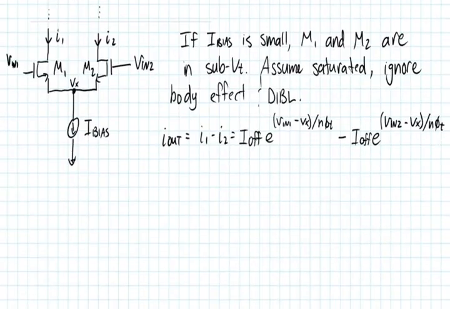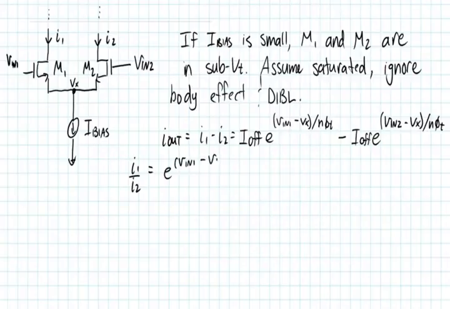Then what we can do in the next step in this analysis is take I1 divided by I2, for reasons that will become clear shortly. If we divide these two, we get the following expression. The I offs cancel out. We get e to the Vin1 minus Vin2 over n phi t, again using my IEEE convention.